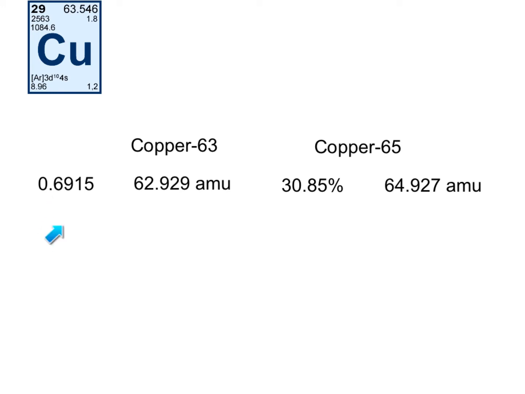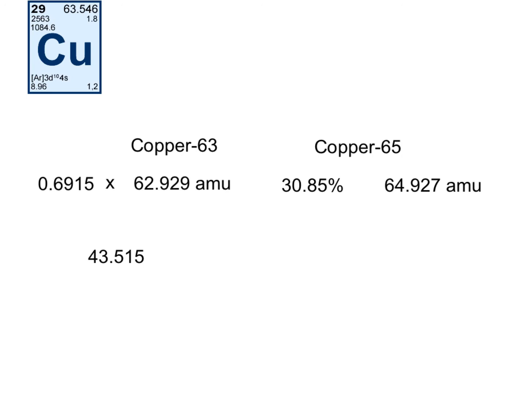If 69.15% of the sample is this mass, 62.929 atomic mass units, then we want to multiply that mass by 0.6915. And we get 43.515. That is the contribution to the sample by mass of this isotope.